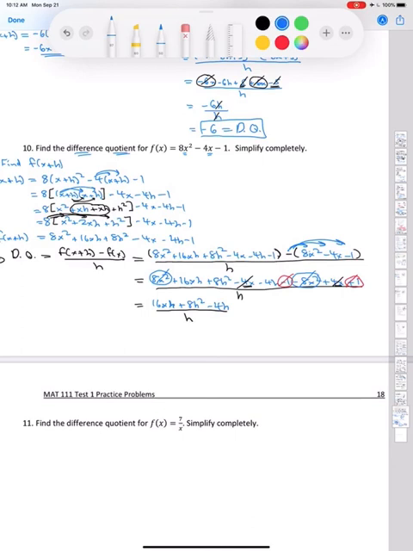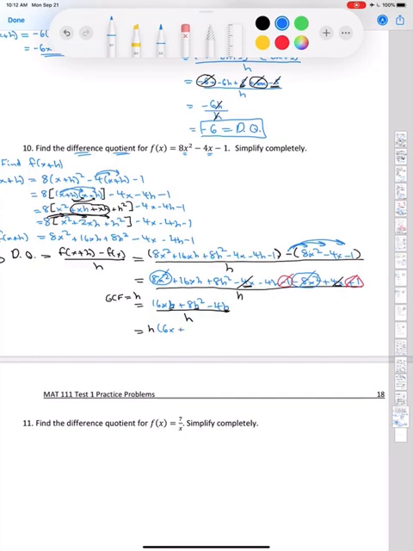Well, it's a fraction. We want to try to reduce it. We want to look for common factors, right? So we'll notice in the numerator, we've got a common factor of h. So let's go ahead and bring that out. So I'll make that note. We have a GCF of h. So if we bring out that greatest common factor of h, we'll be left with 16x in the first term, 16xh.